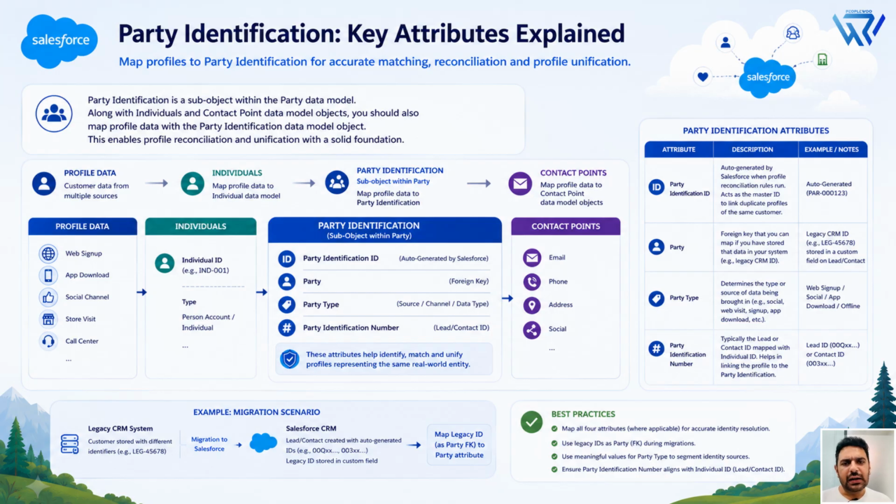You can write down a text field and map it with the party identification type within the party identification data model object. Then we have party identification number. This party identification number can be your lead or contact ID which you have mapped with individual ID, and can also be mapped with party identification number.